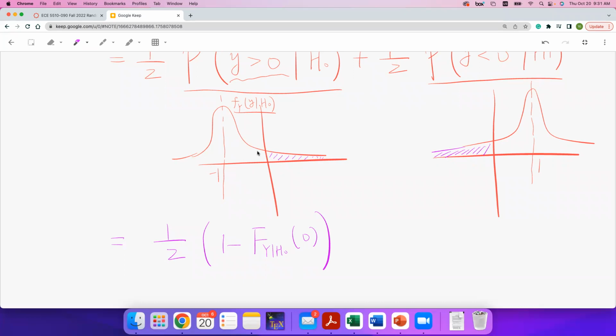So this is the CDF evaluated at 0, and this is the conditional CDF under H naught. But we know this CDF is basically the CDF of such a Gaussian distribution. And this one is simply the CDF of this Gaussian at 0.